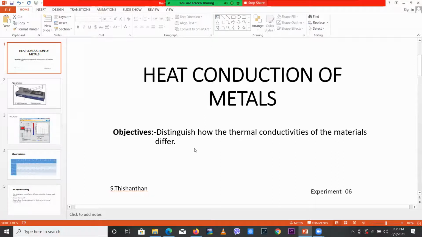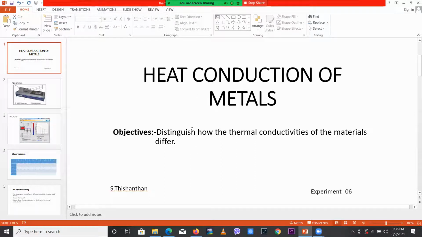How this thermal conductivity changes according to the metals: copper, aluminium, steel, brass. Unfortunately, we couldn't do this for the steel, so we have done it for 3 different metals. So now you understand how thermal conductivity changes according to the metal, how it changes for copper, aluminium and brass. Out of these 3, copper has high thermal conductivity, therefore it has a smaller temperature difference, right?